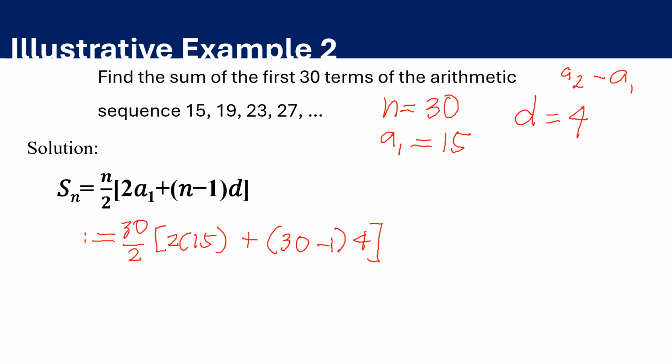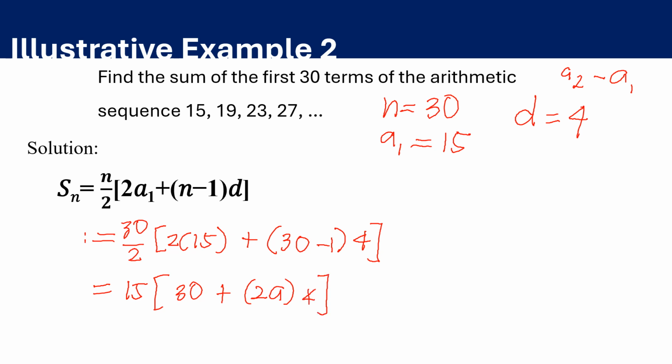All right. So let's continue working on this. Just follow PEMDAS on this one. That would be equal to 15 times 2 times 15 is 30, plus 30 minus 1 is 29 times 4. All right.